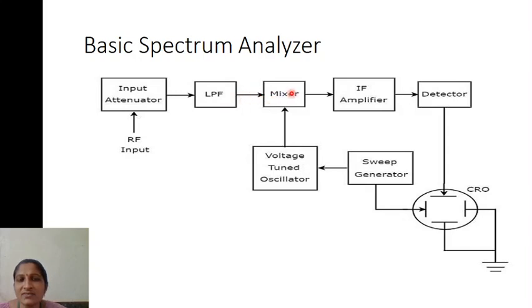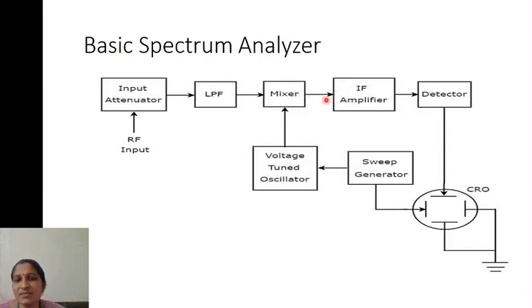It is then given to the mixer. A mixer is nothing but taking the difference of two frequencies. Here from the LPF we get one frequency, and the voltage tuned oscillator will provide another frequency. The difference of these two frequencies is the output from the mixer.